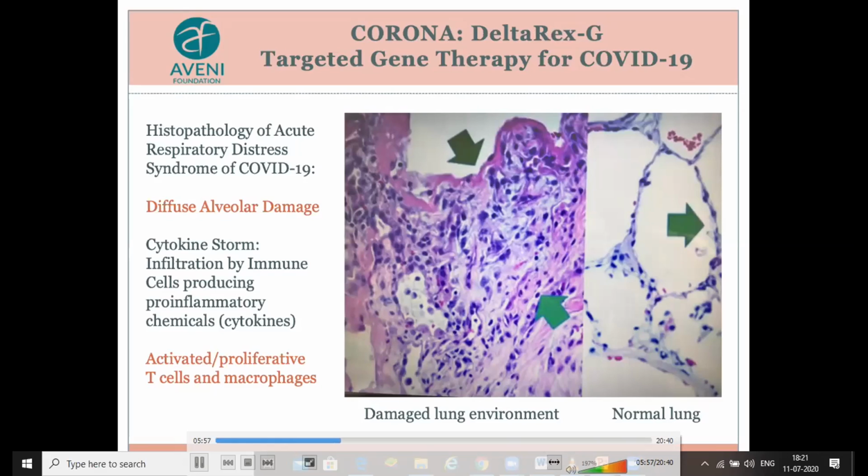Macrophages occupying the lung tissue with decreased alveolar airspace and fibrin deposition.